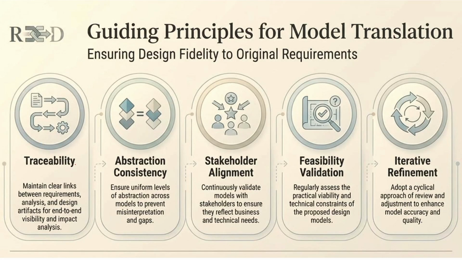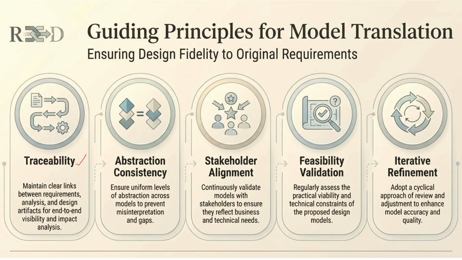The first one is traceability. Traceability is about when there is a change in a particular requirement, or when a requirement is going to influence another set of requirements; that will be identified using traceability. It establishes clear links between the requirement analysis and the design artifacts, end to end.